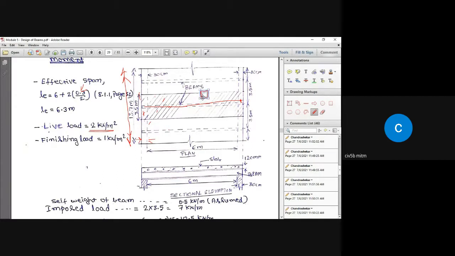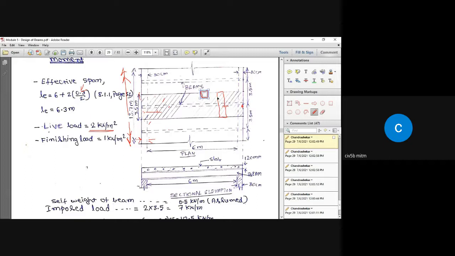If we consider more area, then we get the width of 3.5 meter.